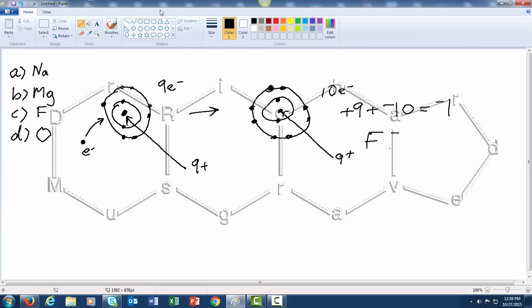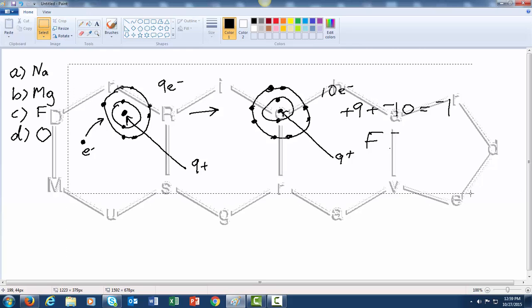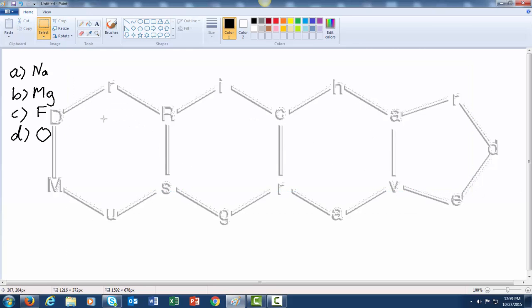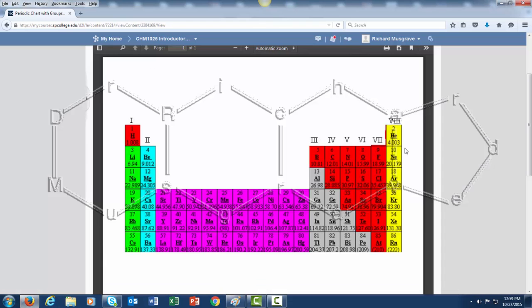Let's take a look at oxygen now though. Now with oxygen, I'm just going to be concerned with the number of valence electrons. Oxygen is in group 6, so it's going to have 6 valence electrons.